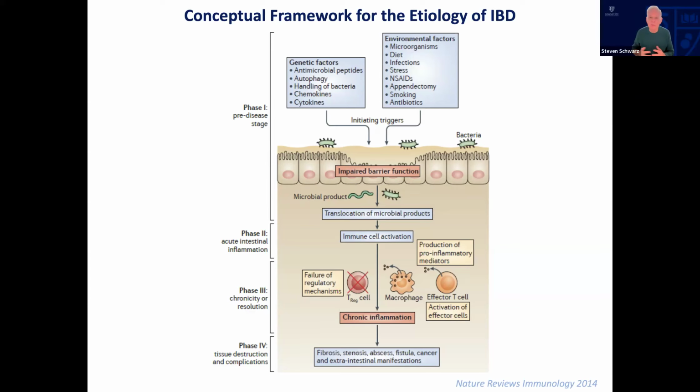What appears to be consistent is that something has to happen to the bowel where one has impaired barrier function, which leads to the increased translocation of bacteria and bacterial elements. With this translocation of microbial products, immune cells are activated and we develop a chronic inflammatory response.